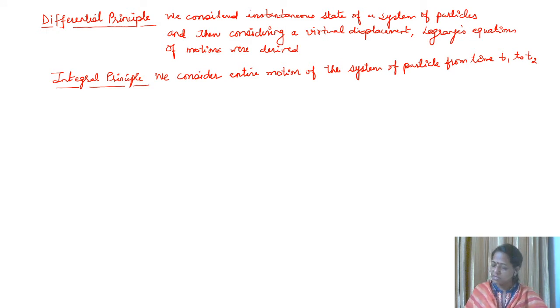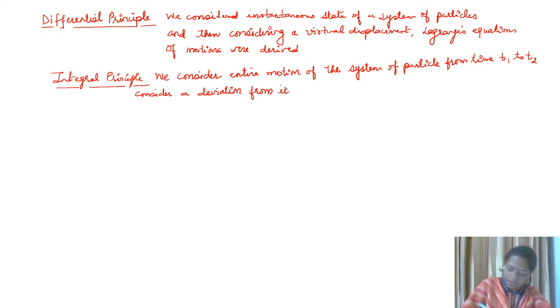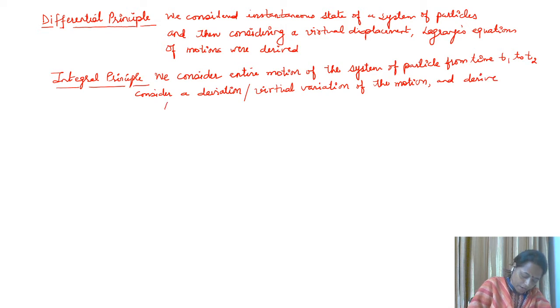Then we consider a deviation from it, the deviation or virtual variation of the motion, and derive Lagrange's equations of motion. So this is the basic difference between the two.